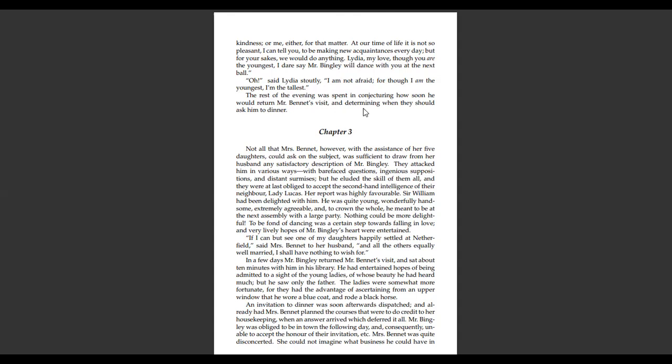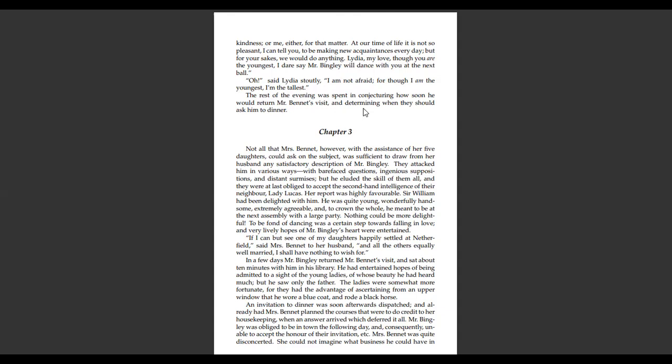To be fond of dancing was a certain step towards falling in love, and very lively hopes of Mr. Bingley's heart were entertained. "If I can but see one of my daughters happily settled at Netherfield," said Mrs. Bennet to her husband, "and all the others equally well married, I shall have nothing to wish for."